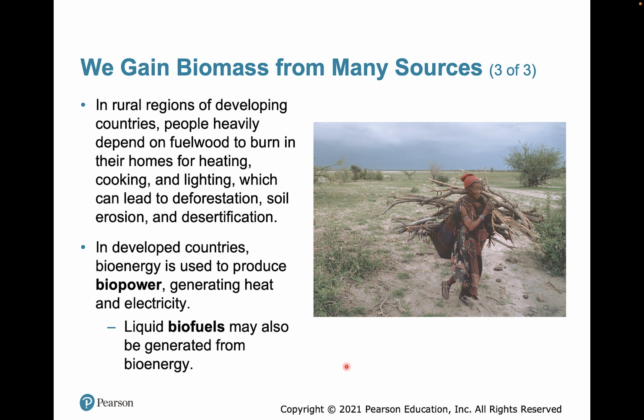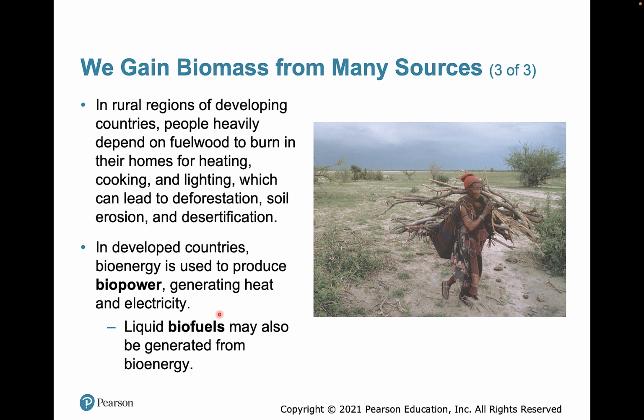But if you use it too much, then you're going to lose forest, right? Lead to deforestation, which leads to soil erosion, which leads to desertification, okay? So that's in rural areas in developing countries, that's why deforestation is happening at a higher rate, because it's what's there.